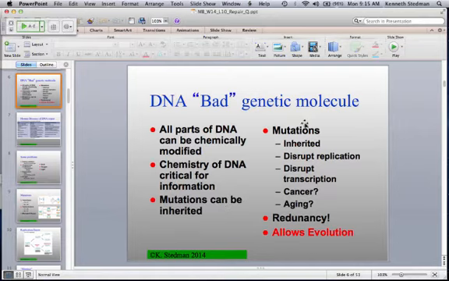When you talk about any one of these particular changes, and when people talk about mutations, basically a mutation is a change in the genetic material. And that change in the genetic material, of course, can be inherited, but that change can also mess up replication, so you can't make more copies. It can mess up transcription, so you can't be making the RNA.